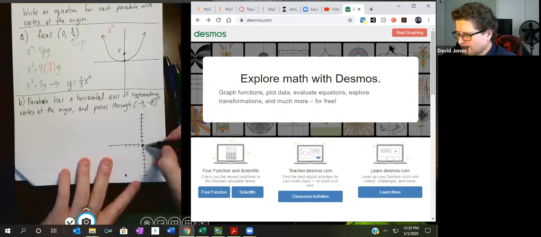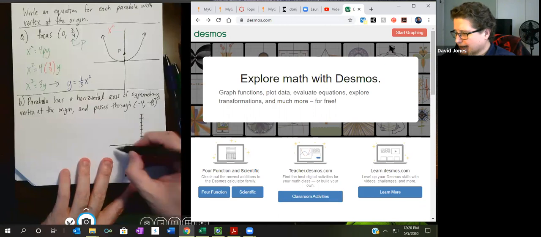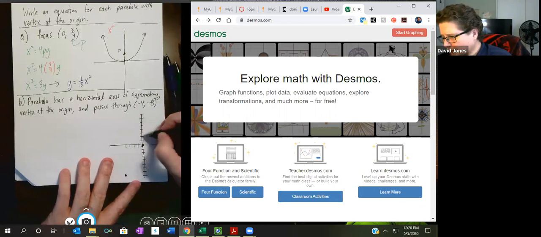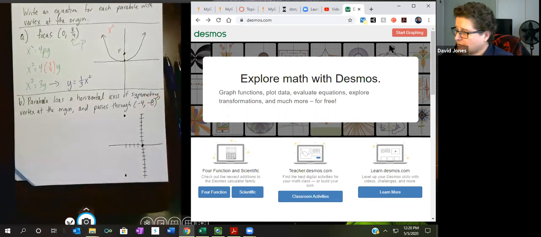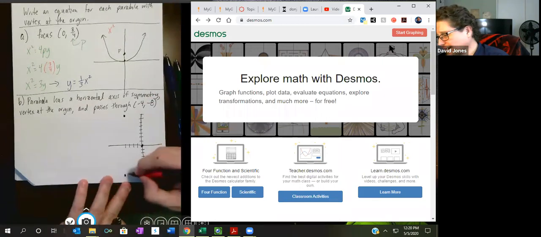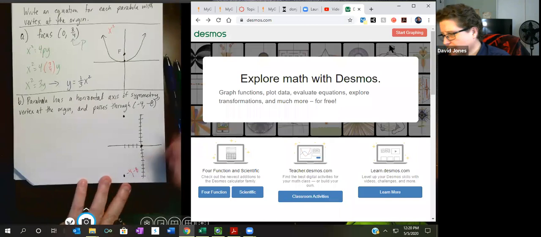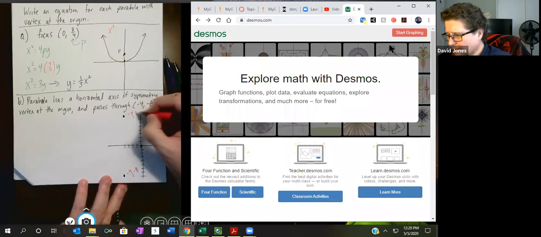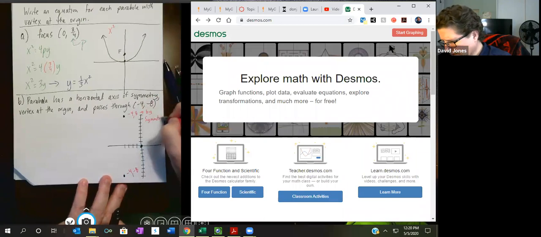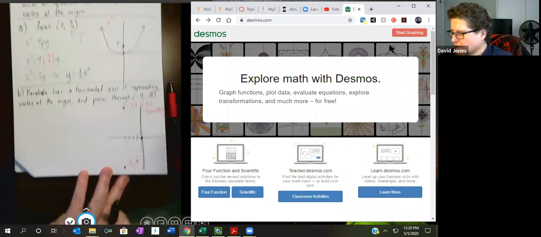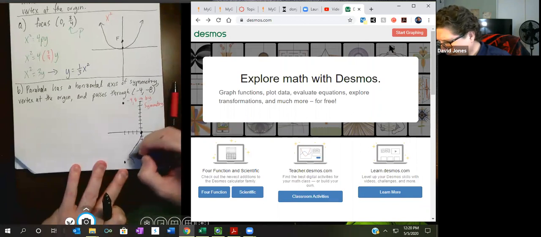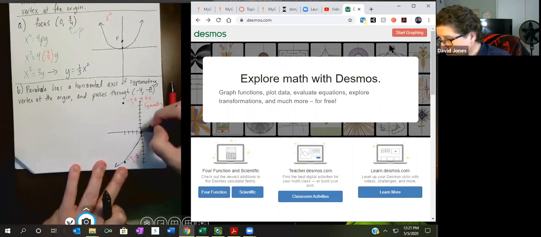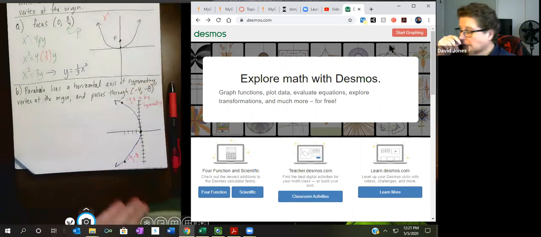The axis of symmetry has to be the x-axis, which means there needs to be a point at -4, +8 also. So this is -4, -8. This is -4, +8 by symmetry. So I know the graph is opening that way. Right?